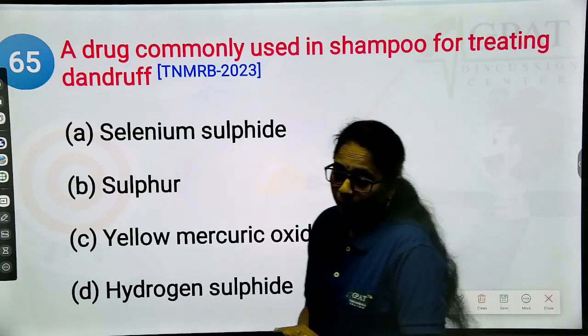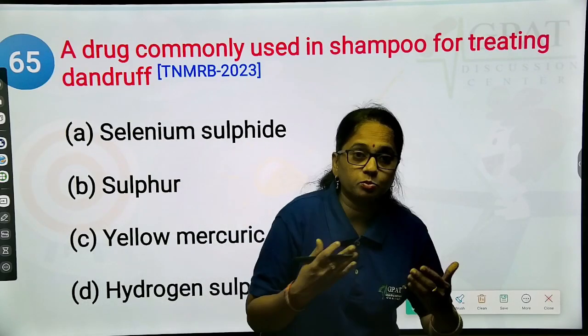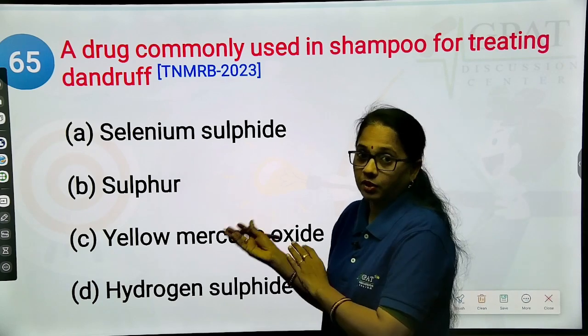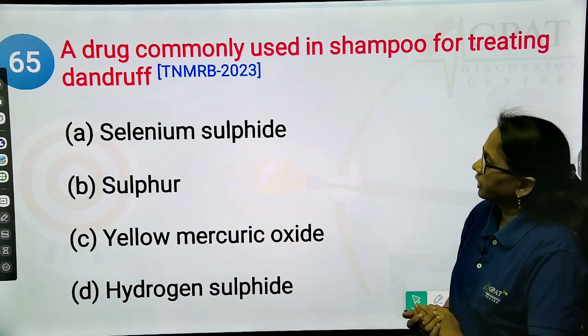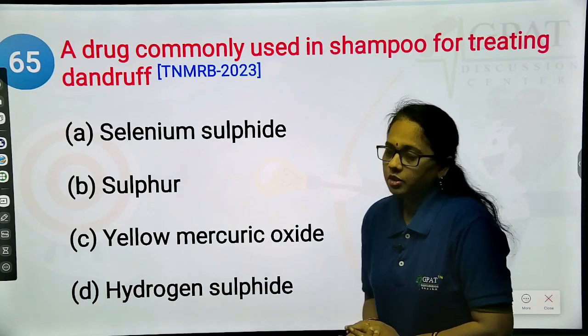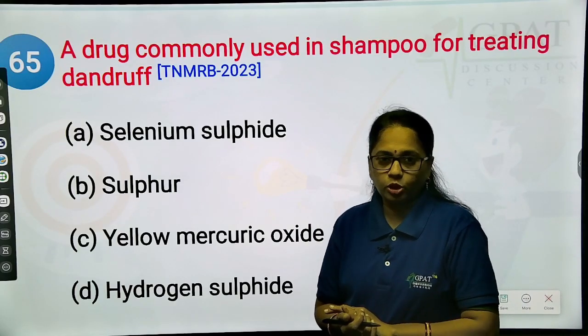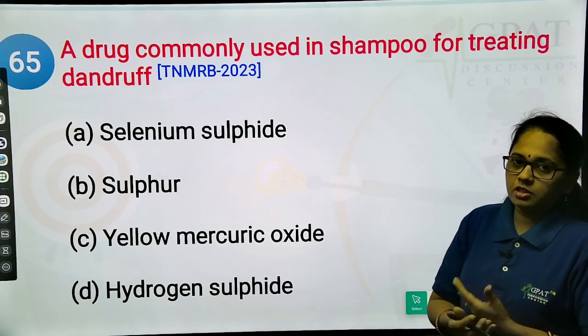A drug commonly used in shampoo for treating dandruff. In the case of these pharmacist questions, the questions are more related to marketed formulations only. We know that different hair formulations and hair supplements are used, and dandruff is a fungal infection.